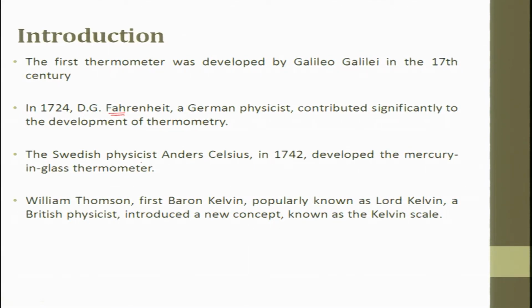The Swedish physicist Celsius in 1742 developed a mercury in glass thermometer very long back, and even today this is a well proven technology. Look at it, its inception is 1742. Even today we follow this mercury based glass thermometer for measuring temperature.